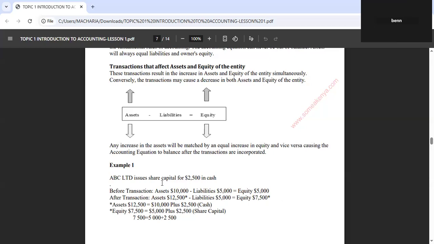Equity is as a result of the issue of shares. So you see, the equity has increased from 5,000 to 7,500. Assets have increased from 10,000 to 12,500. So the accounting equation still remains. Now, this treatment is explaining the cash, the assets. This is how the assets were changed, and this is how the equity was changed.